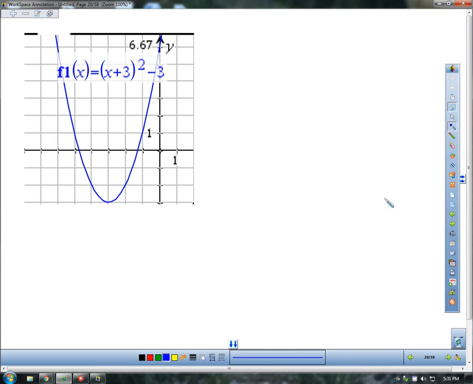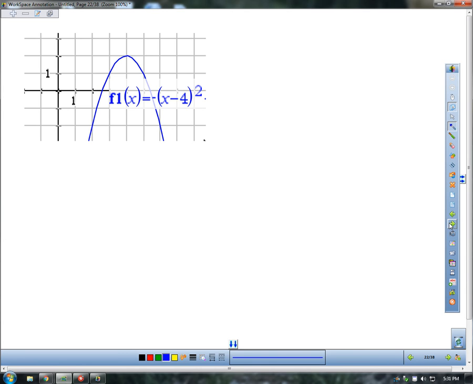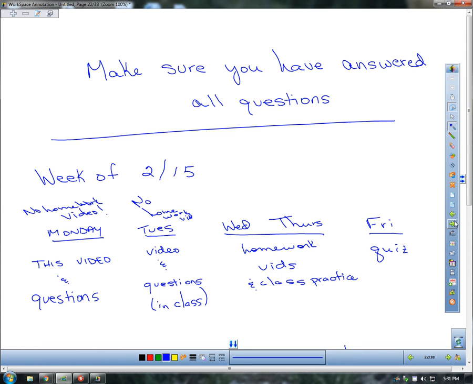What is the axis of symmetry of this one? Actually, what's the vertex of this one as well? Make sure that you have answered all of the questions.